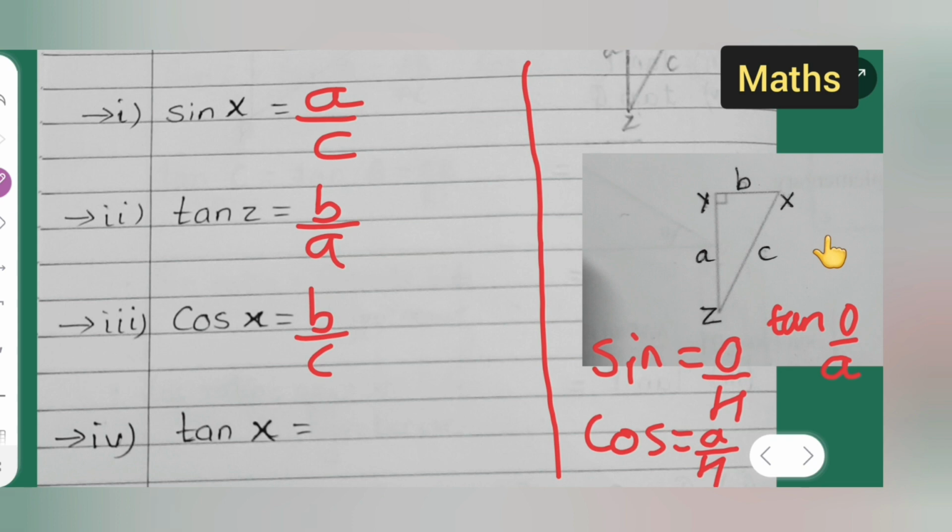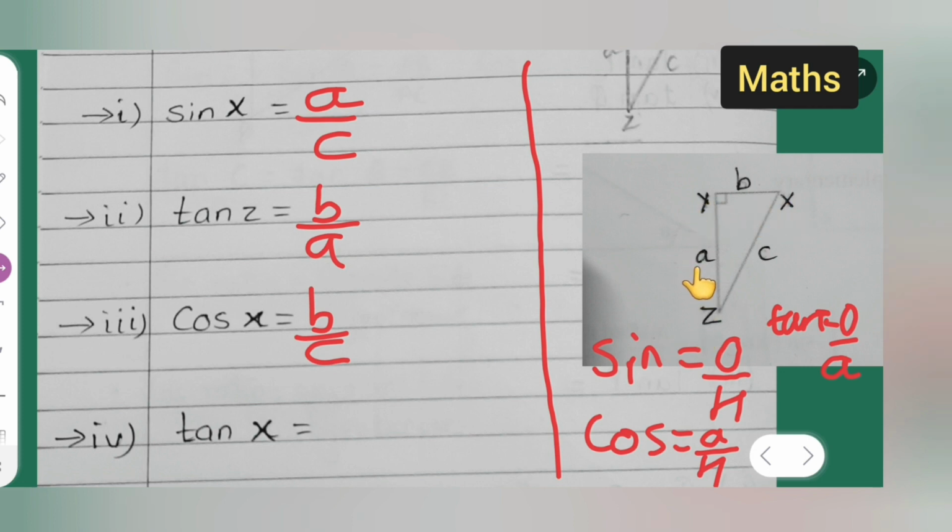Next it is going to be tan of x. Now tan of x is what? It will be opposite upon adjacent, right? So opposite side of angle x is what? It will be yz.